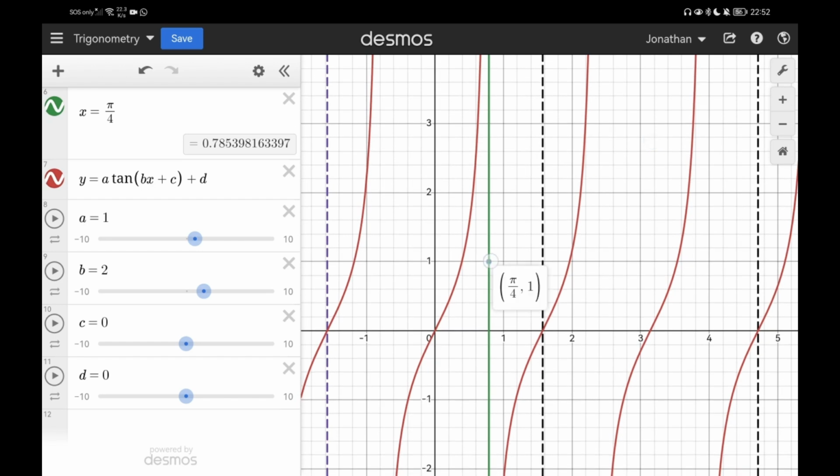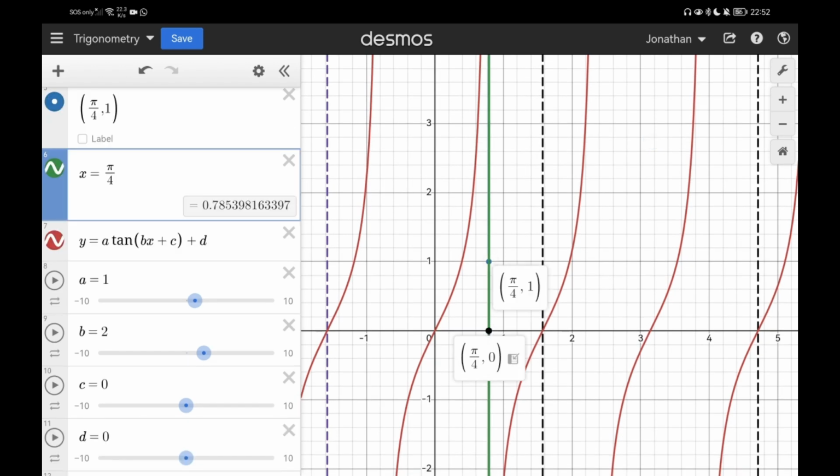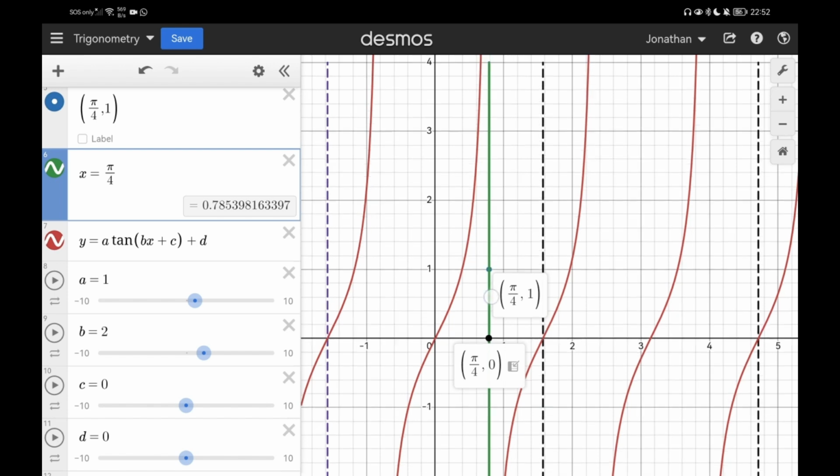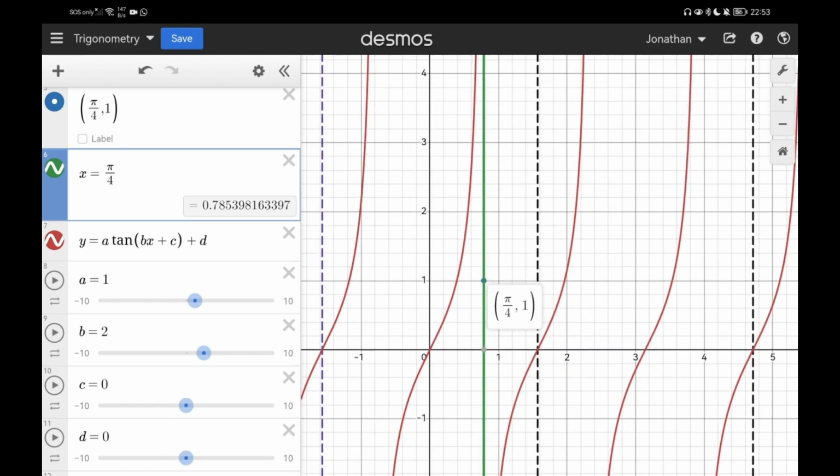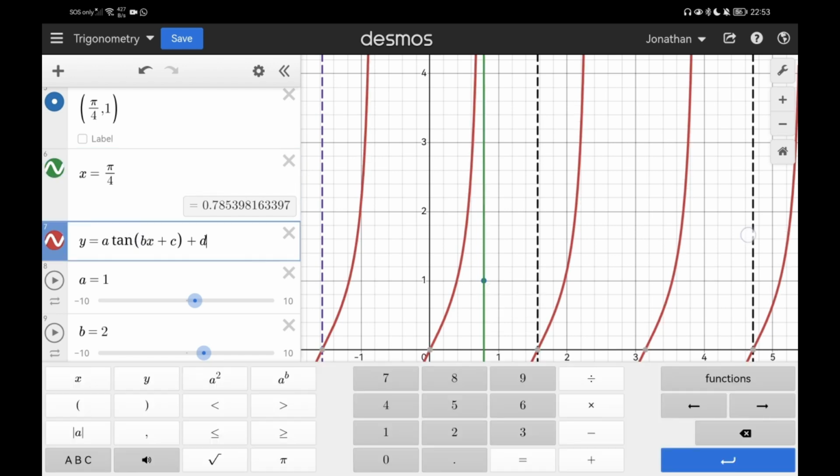So the original coordinate of the pi over 4, I mean the extrapolation of its y coordinate from the pi over 4, will become an asymptote. This vertical line, after you transform, let's say b equals 2, will become an asymptote.